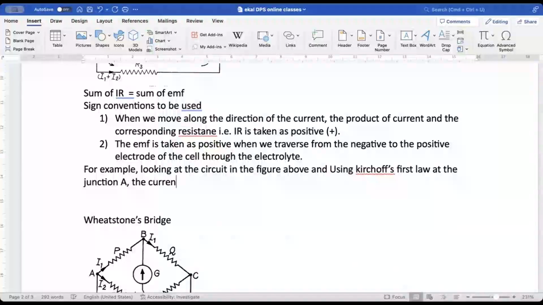The current flowing through R3 will be I1 plus I2. Right?